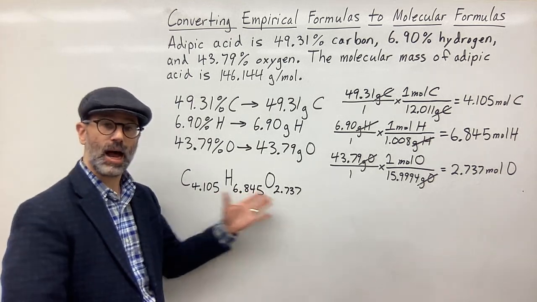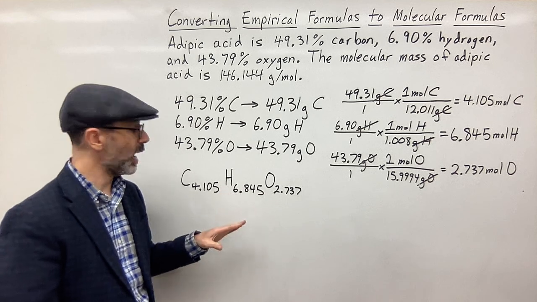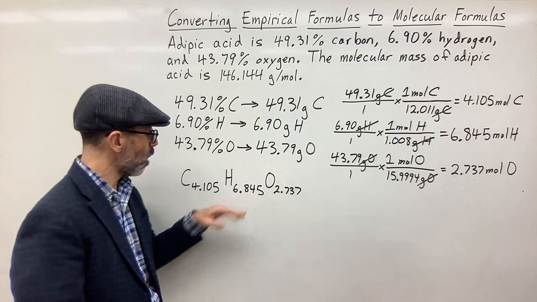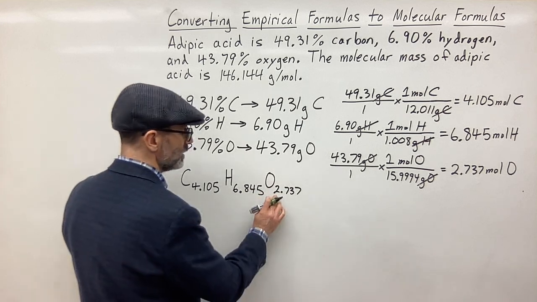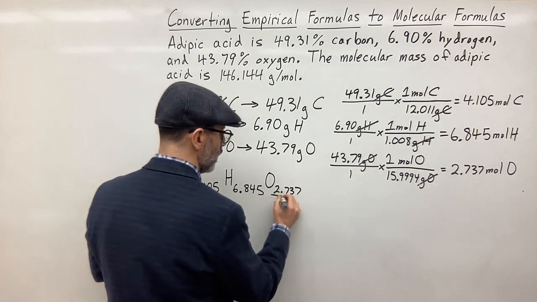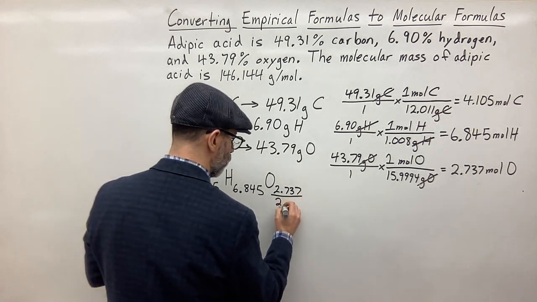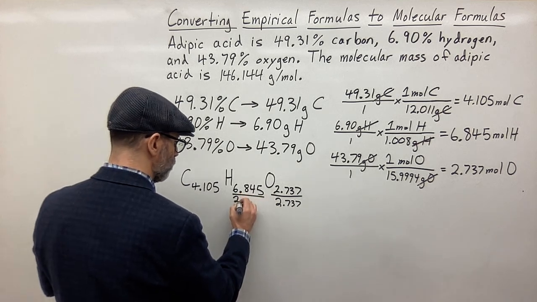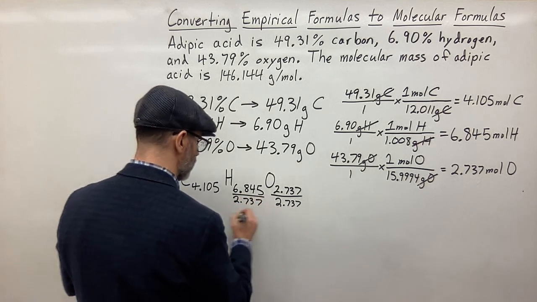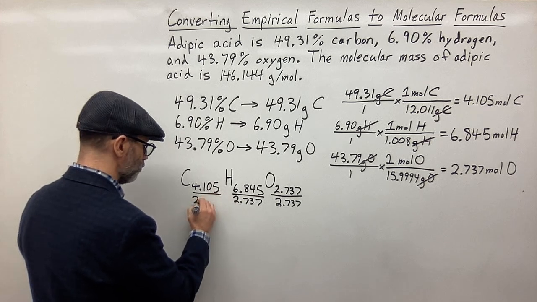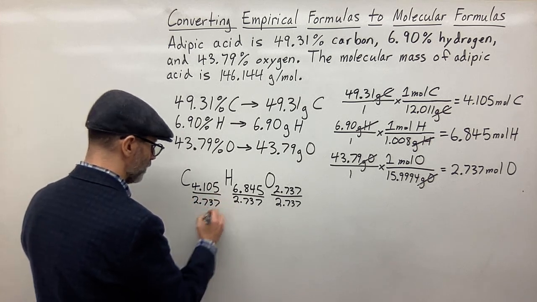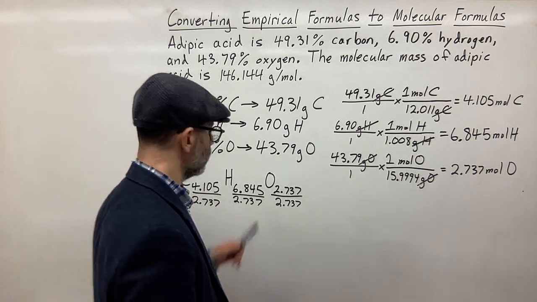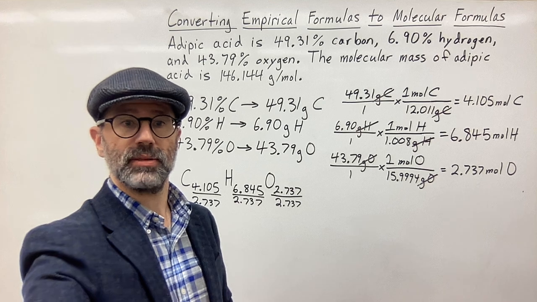And so I'm going to now reduce this by simplifying. We want to divide by the smallest moles. Since 2.737 is the smallest, I'm going to divide all of them by 2.737. And when I do that, we get certain numbers.